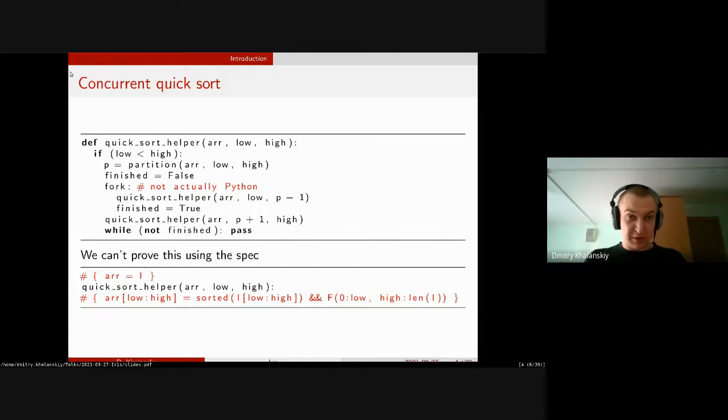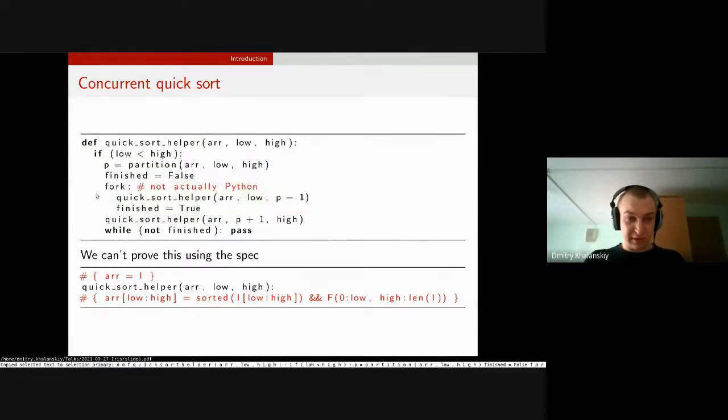Specifically, I'm talking about the fact that separation logic can be concurrent and allows us to deal with some concurrency problems elegantly. Here's another implementation of quicksort that launches some calculations in parallel with the main thread.